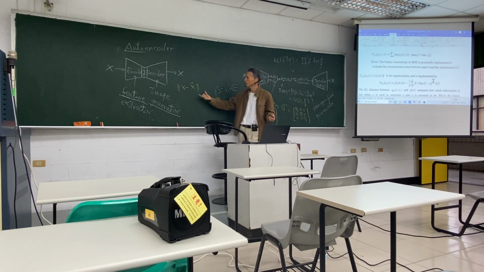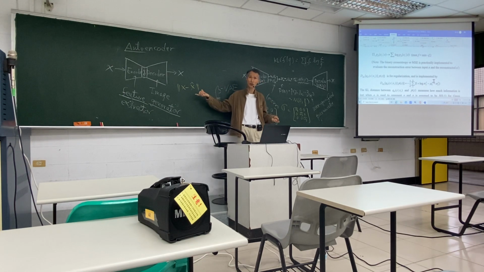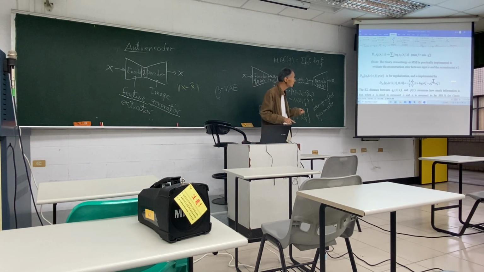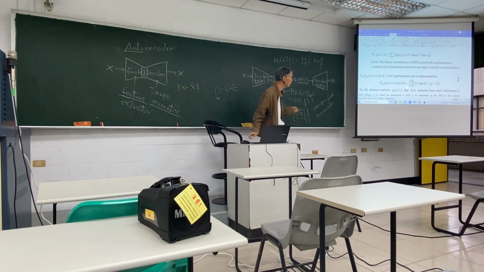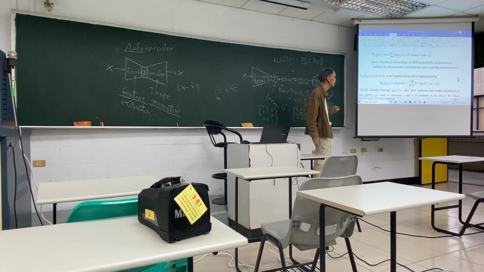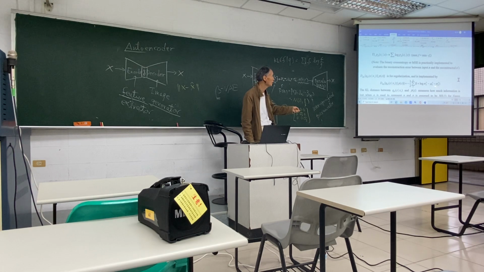So the very first term is based on the mean square error. We try to minimize the reconstruction error. The second term, we try to make the latent variable follow a Gaussian distribution, and the second term is simply given by this one. Okay, sigma k is right here, and mu k.